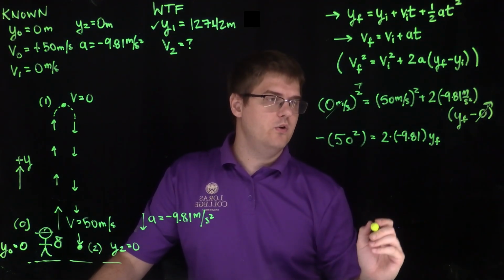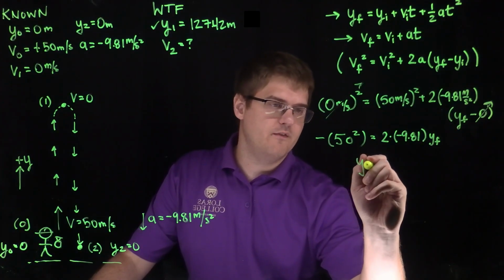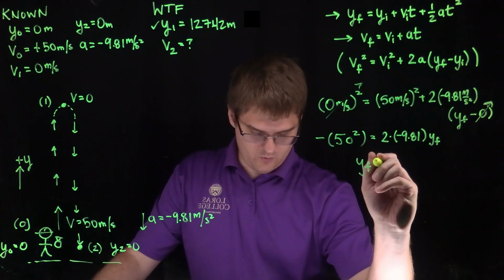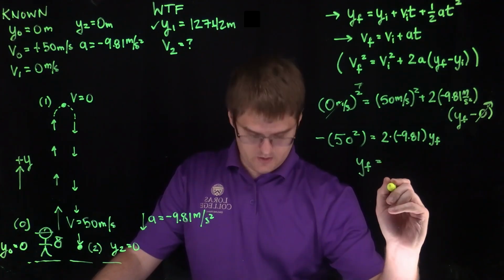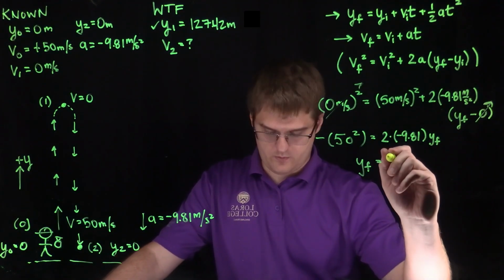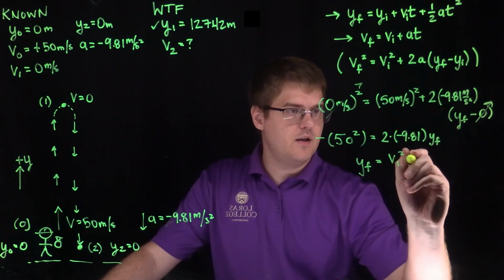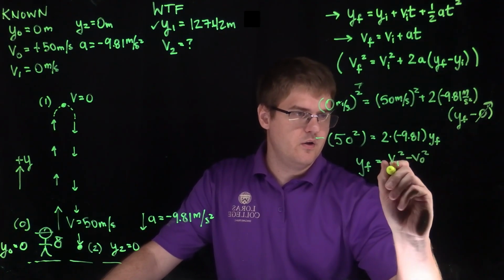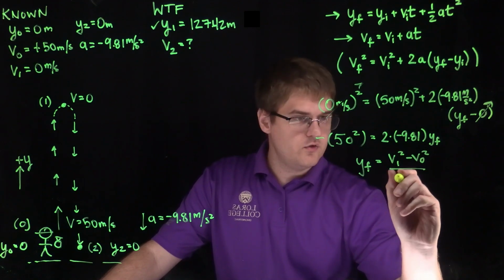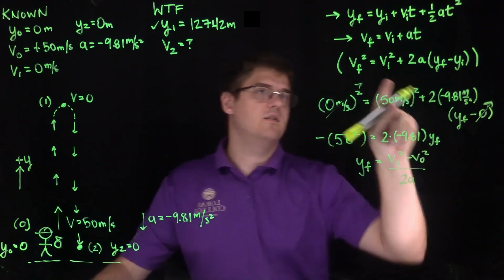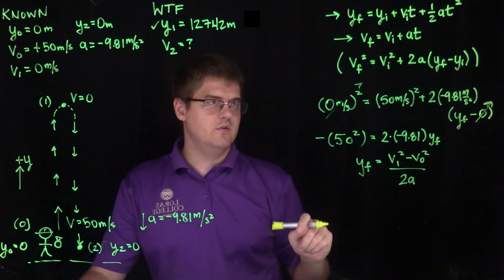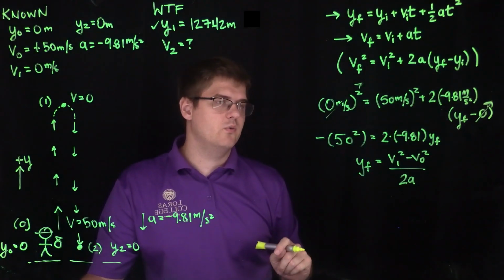So what I will do is solve this for y final, which is going to be equal to, well, I'm actually going to write it how I have in my notes: v1 squared minus v0 squared over 2a. That is if I just solve this for y final, ignoring the fact that y initial goes away.